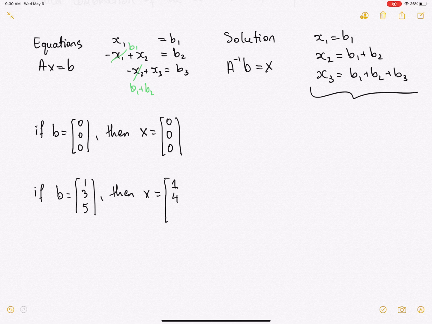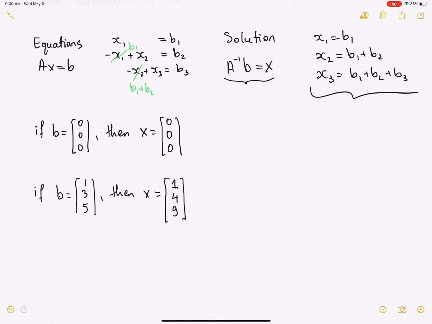And x3 is the sum of all 3, so that's 1 plus 3 plus 5, which is 9. And we know this to be true because we actually had found this b in the previous video from x.